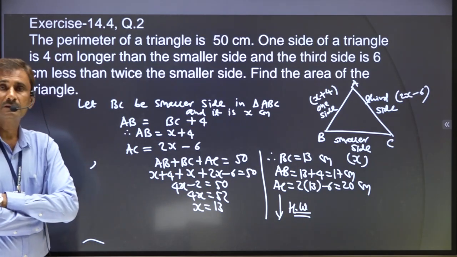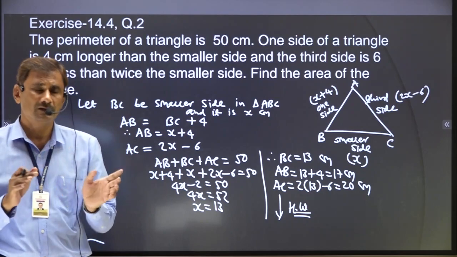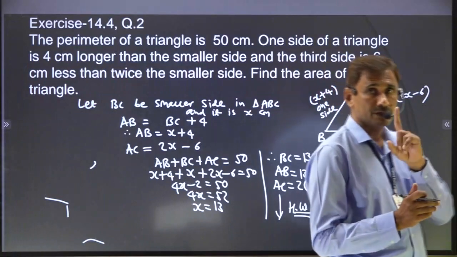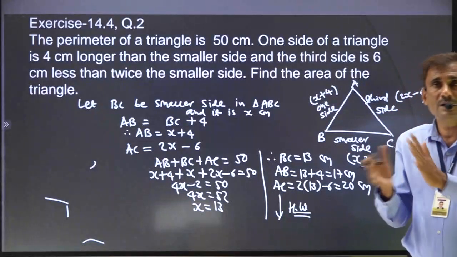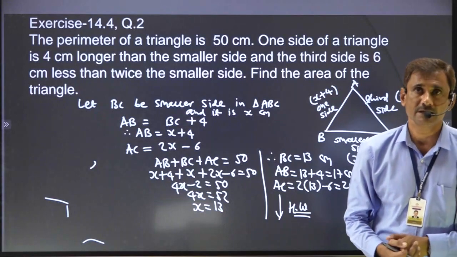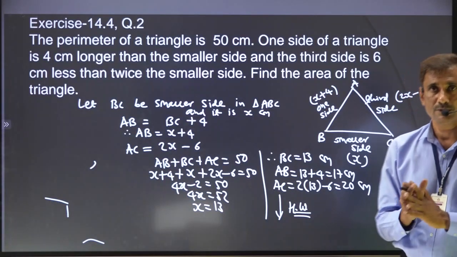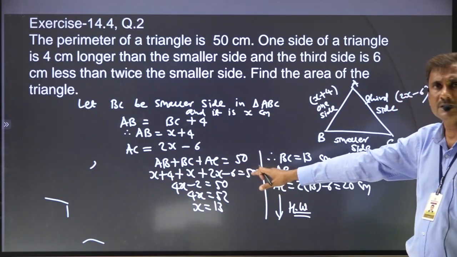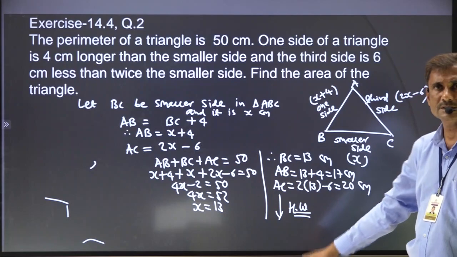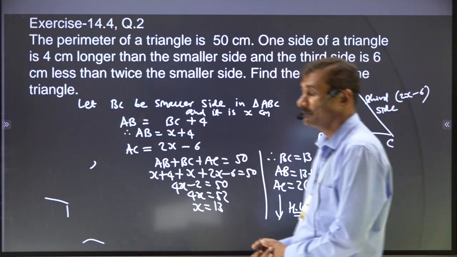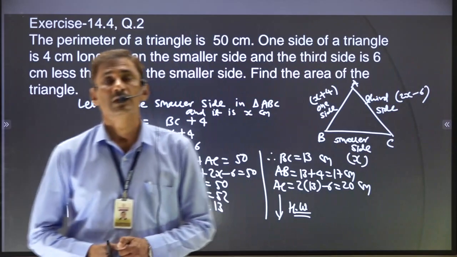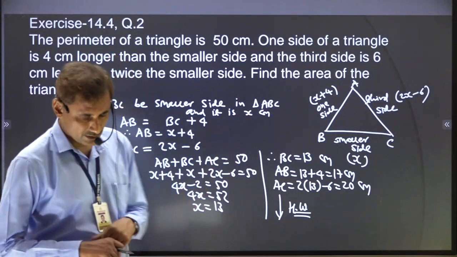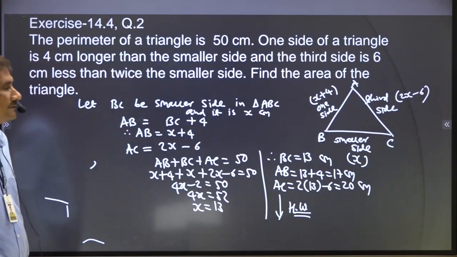Whenever in a triangle or square or rectangle these types of relations are given, you should suppose any one side to be x, and then according to the relation, just find out all remaining sides in terms of x. After getting it, they have given the perimeter, so we found x. As soon as we got x, we got all three sides. Now all three sides we are having, so you can find the area by using Heron's formula. Again, understand the question as well as the solution.